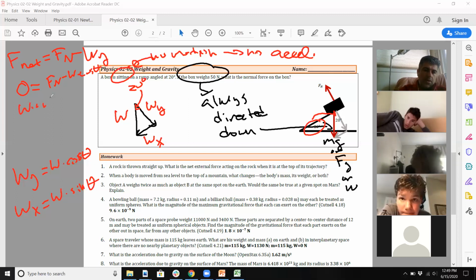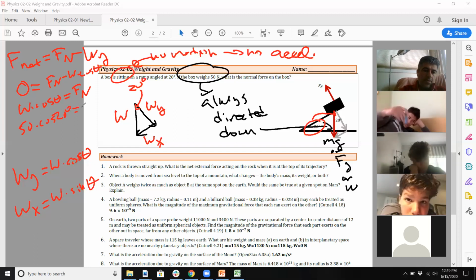So W times cosine theta equals your normal force. Your weight's 50 times cosine 20 degrees, and you work that out. And if you do that correctly, you should get, I believe, 47 newtons.